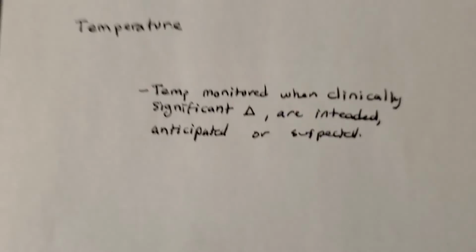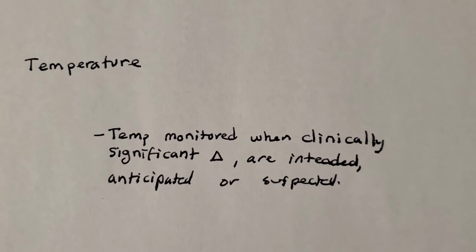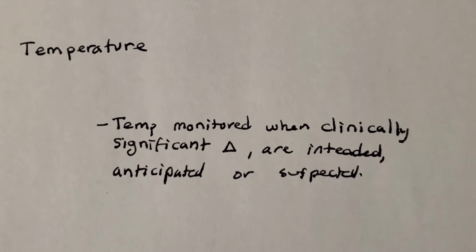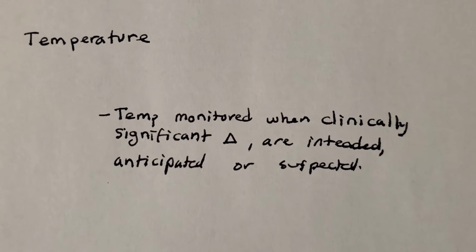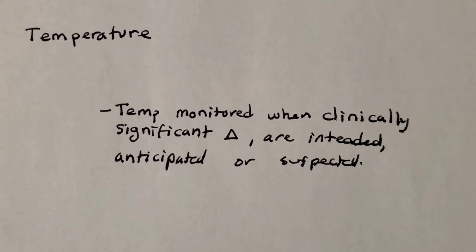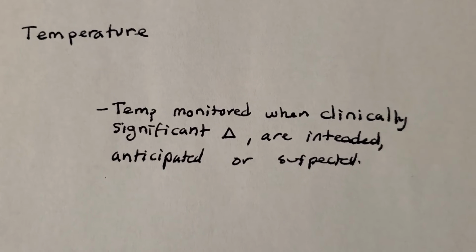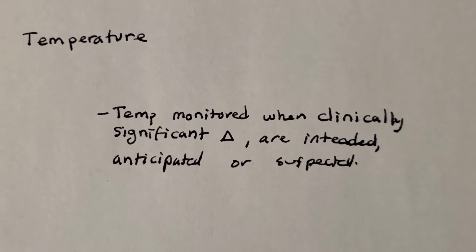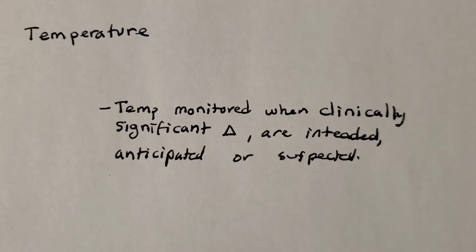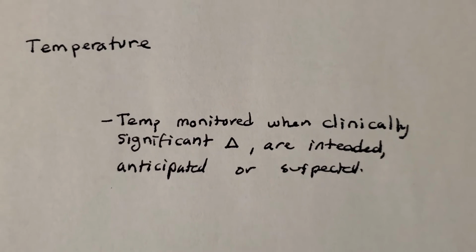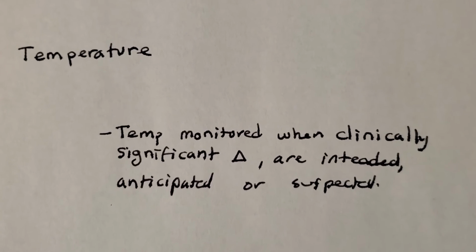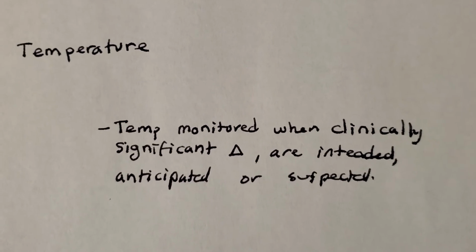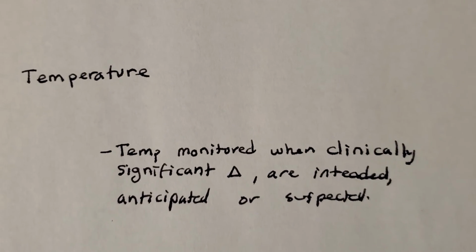And then the last one, temperature. But they don't specify if it's skin temperature, mid-esophageal, or bladder temperature. They want you to monitor it if you expect a clinically significant change, if it's anticipated, intended, or suspected.